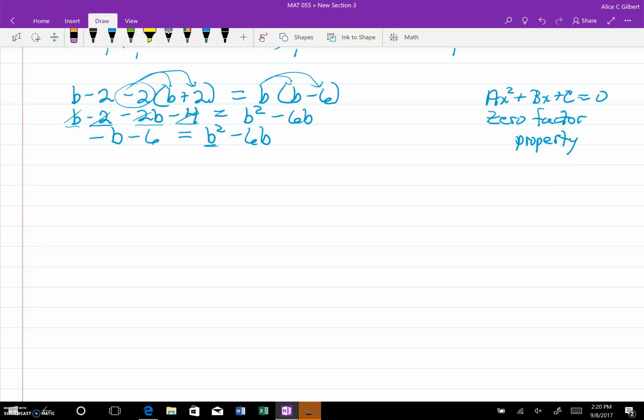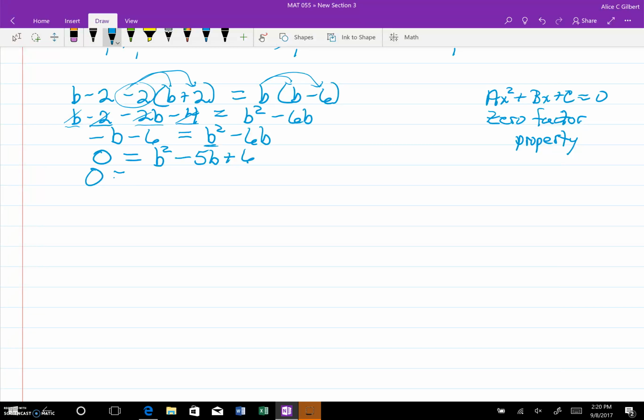Zero factor property. So I'm going to add this b and add this 6. That leaves 0 on this side. I'm not adding b squared with anything. So negative 6b plus b gives me negative 5b. And there's nothing to add the 6 to.